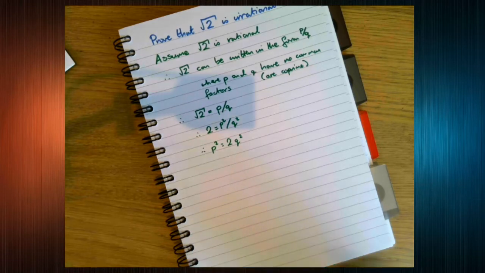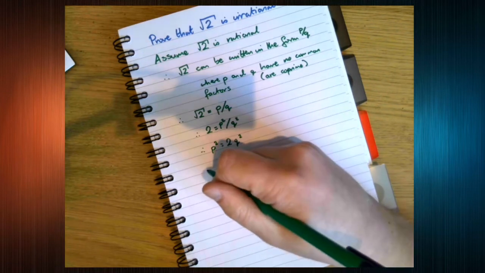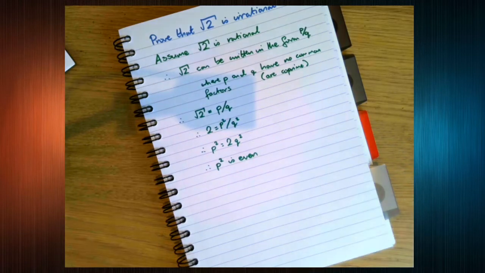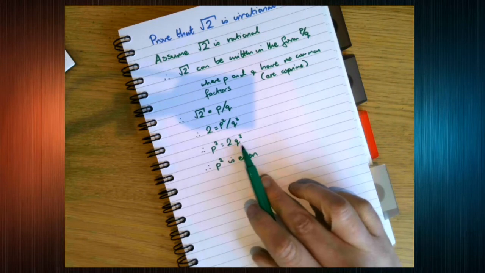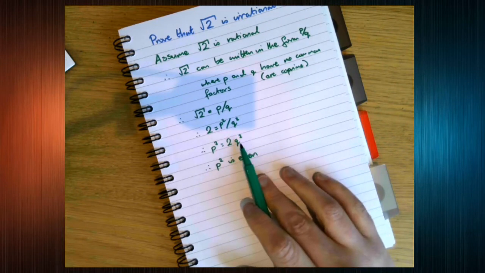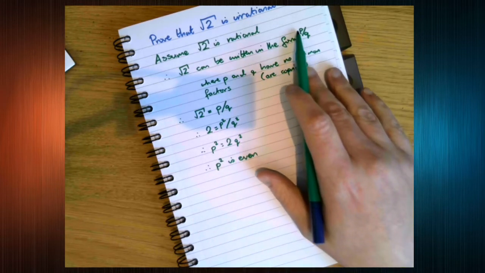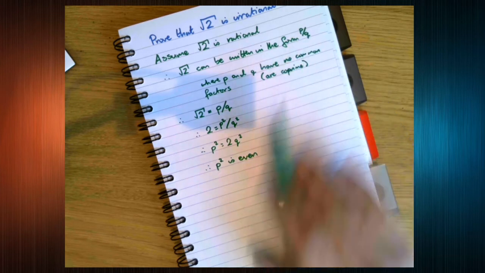So Q, or Q squared, can be anything. It's Q squared. P squared is 2 times a number, which means P squared is even, because it is definitely 2 times a number, regardless of what q squared is, definitely an integer because this is an integer, or these are integers.